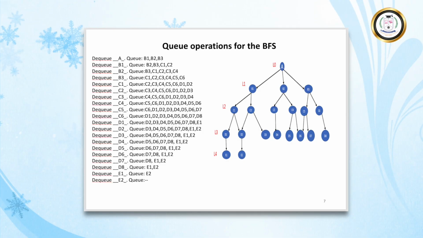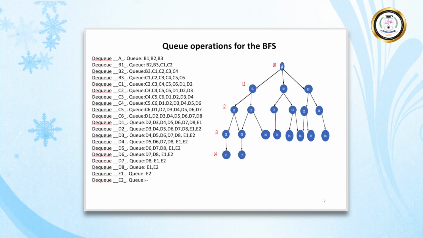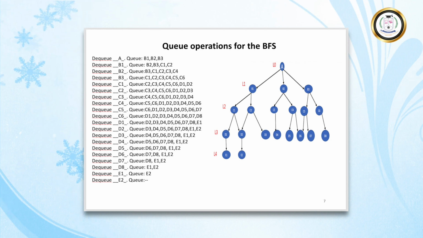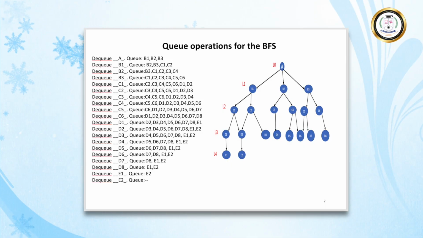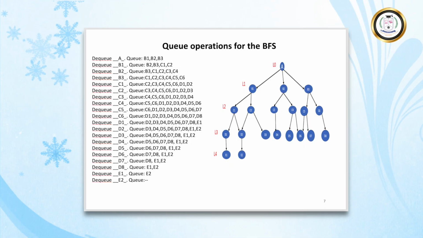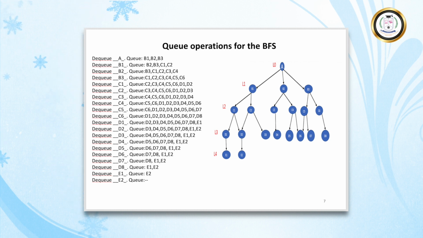Next, dequeue B2 and keep the child nodes B3, C1, C2, C3, C4 in the queue. C3 and C4 are the child nodes of B2. Next, dequeue B3 and keep the child nodes C1, C2, C3, C4, C5 and C6 in the queue.